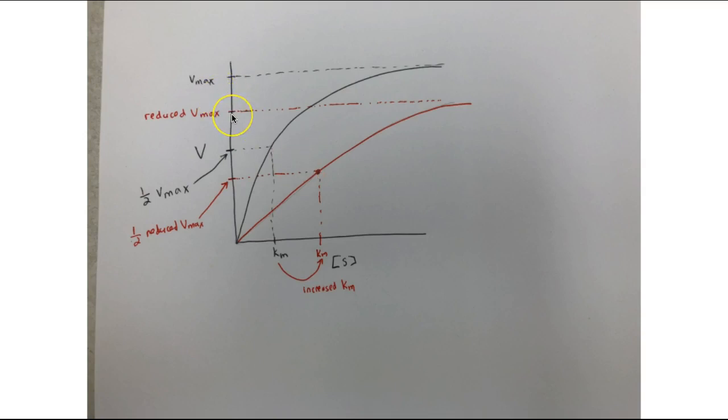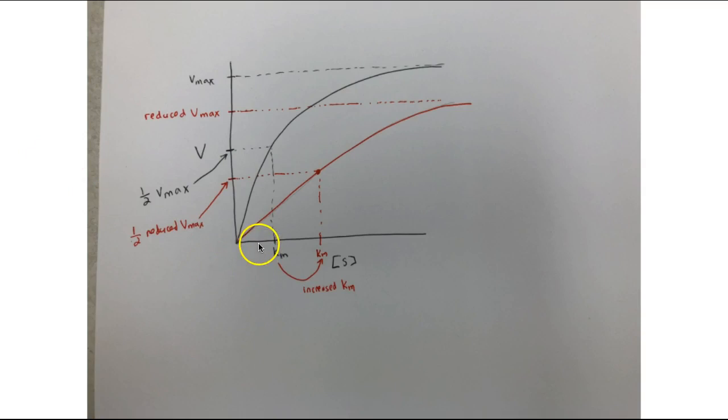So even though the 1/2 Vmax is reduced in the inhibited state, it takes even more substrate to get to that reduced 1/2 Vmax than it would have taken us to get to 1/2 Vmax of the uninhibited enzyme. And so this is another way that allosteric inhibitors can regulate or inhibit enzymes.